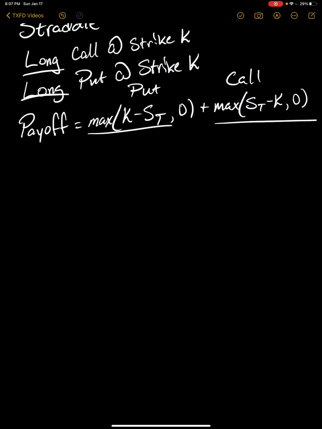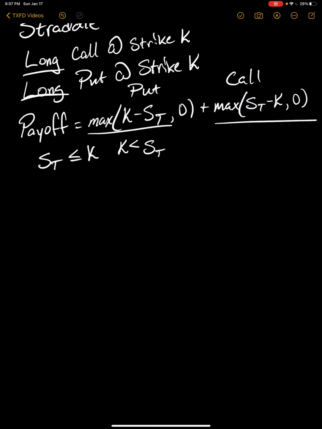There's one way to think about partitioning the payoffs in terms of the stock price, and that's to look at what happens when the stock price is less than or equal to K, and what happens when the stock price is greater than K. When the stock price is less than or equal to K, then the put takes over.